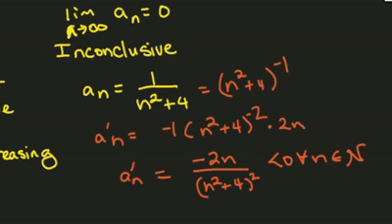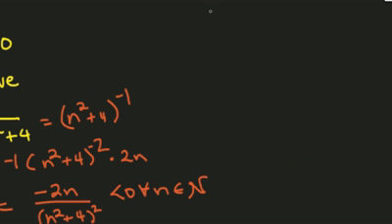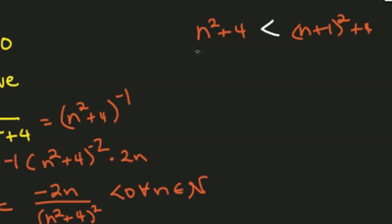Okay? The other way you could have done it, quick side note, is a proof. If you were to compare n squared plus 4 and (n plus 1) squared plus 4, which one of these is greater? The one on the left or the right? The one on the right. And then if I take the reciprocal of both sides, what happens to the inequality?